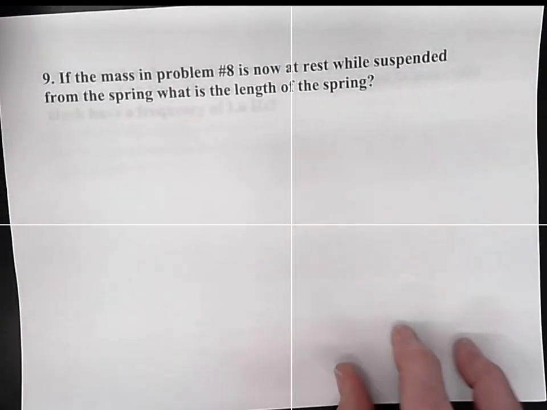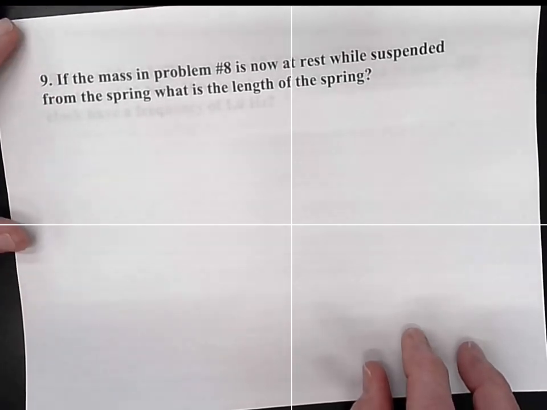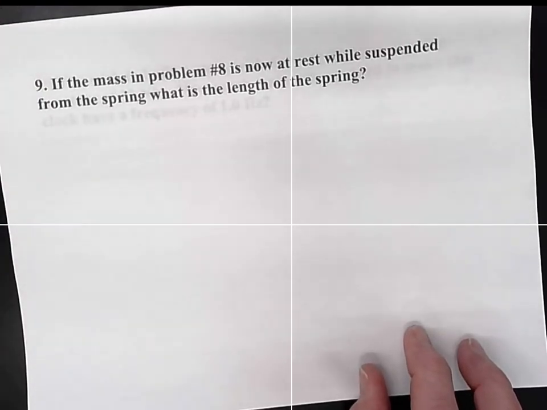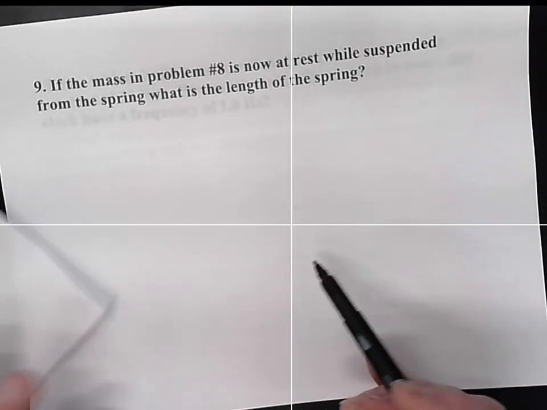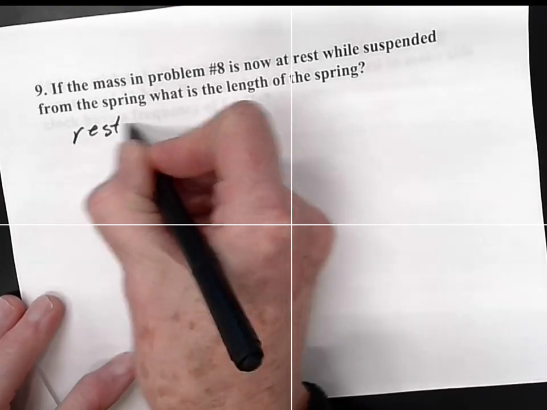Let's go ahead to number 9. Number 9, if the mass in number 8 is now at rest while suspended from the spring, what is the length of the spring? In number 8, we said that the rest length of the spring was 1.7 meters.